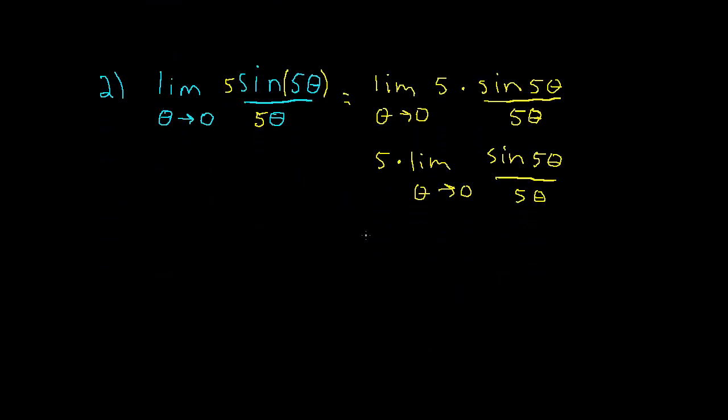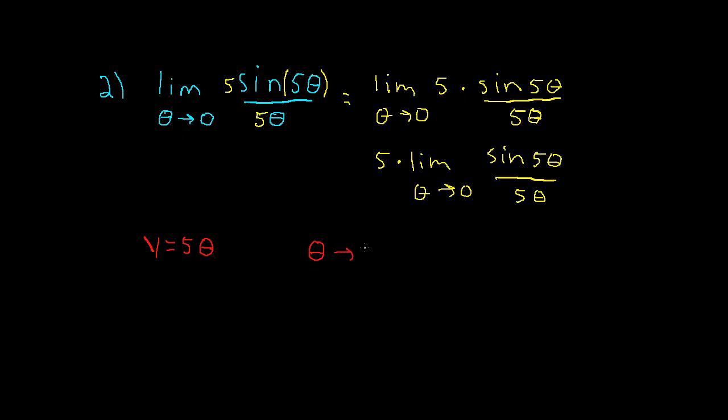And this is more of an academic step than a needed one. You just have to recognize that as theta goes to 0, if we let y equal 5 theta.